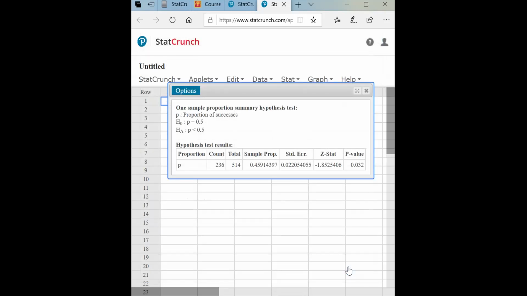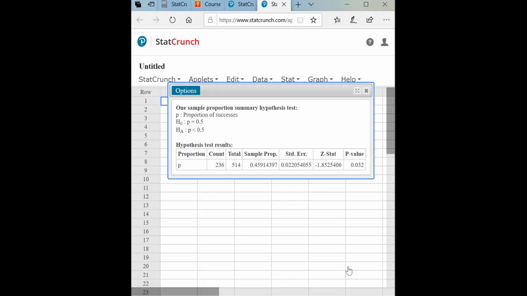And then for this, we get our calculated Z statistic, which is negative 1.85, and our p-value, which worked out to be about 0.032. So that slightly differs from what I got as far as a p-value, and that's because we had 45.9% for a sample proportion, and I turned that into a raw count of 236.